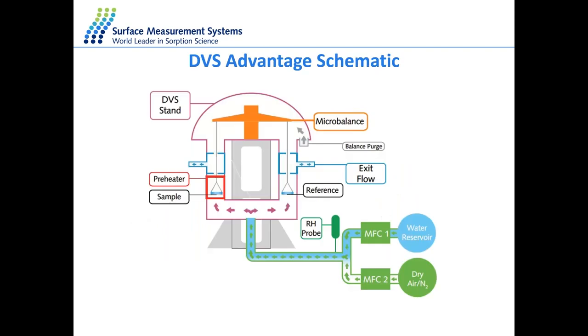So how does the DVS actually work? How does it perform the experiment? This is a general schematic of any real DVS that we use in our labs. We have a carrier gas that is pushed through a mass flow controller, through a valve. One side will be considered dry, which is the carrier gas that we use to dry the sample.